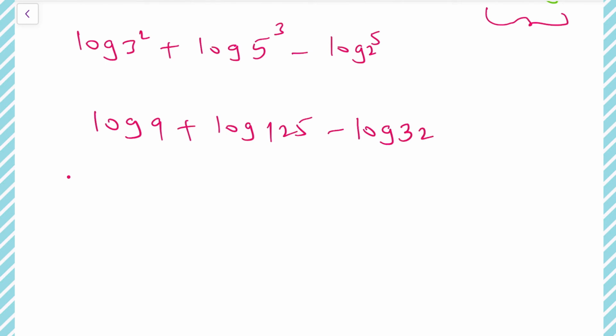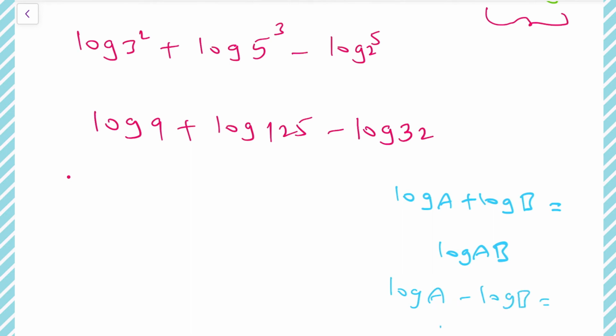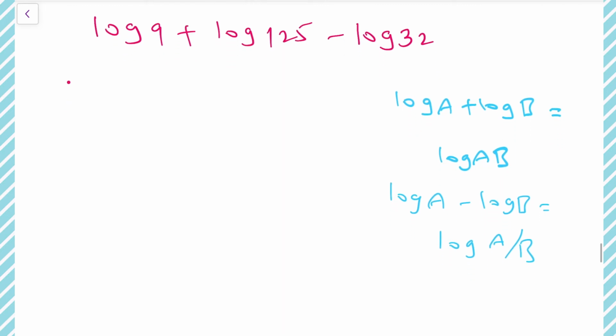And one more formula we have, that is log A plus log B equals log AB. Oh sorry, AB. If addition is there, it will become multiplication. The same way, log A minus log B equals log A by B. Now these two formulas are included in this one.